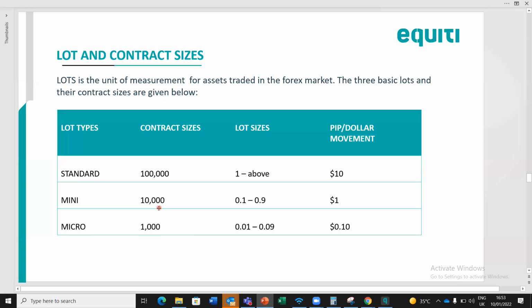Then you go on. 0.9 simply means you want to trade 90,000 units. I'll come back to explain all of these and how it works. And if you trade one standard lot size, it simply means you're trading 100,000 units. So your broker understands that when you put in one, you want to trade 100,000 units of contract size.